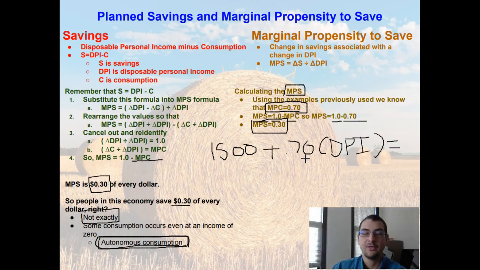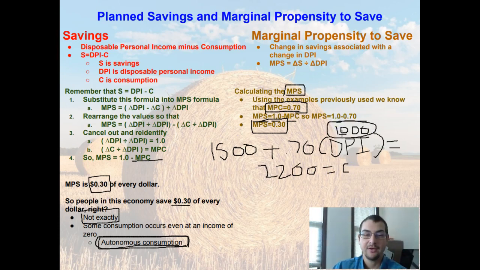So what if you're making $1,000? So we're just going to plug in $1,000 right here. And that $1,000 times 0.7 is equal to 700. 700 plus 1,500 is equal to 2,200.